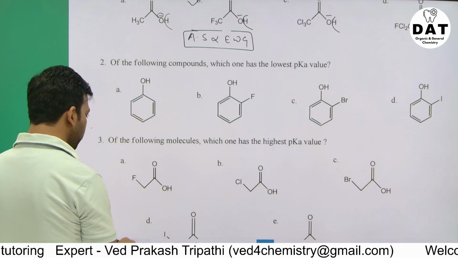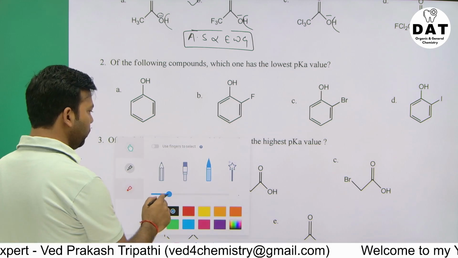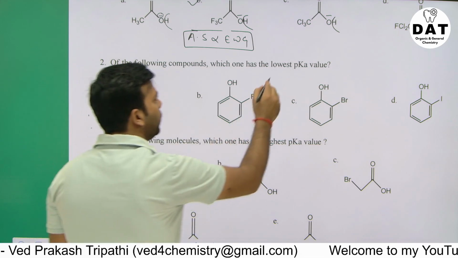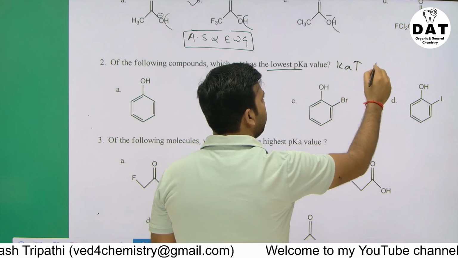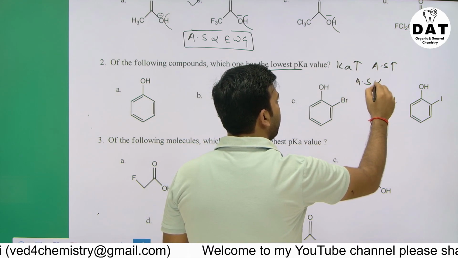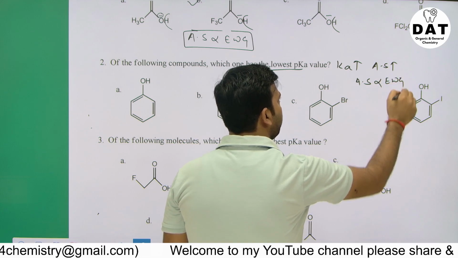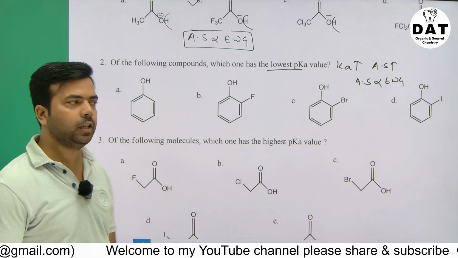It is talking about the lowest pKa. What does it mean? Low pKa means Ka should be high. Ka high means acidic strength high, and we all know acidic strength is directly proportional to the electron withdrawing group. So again I am going to eliminate the proton and generate its conjugate base.